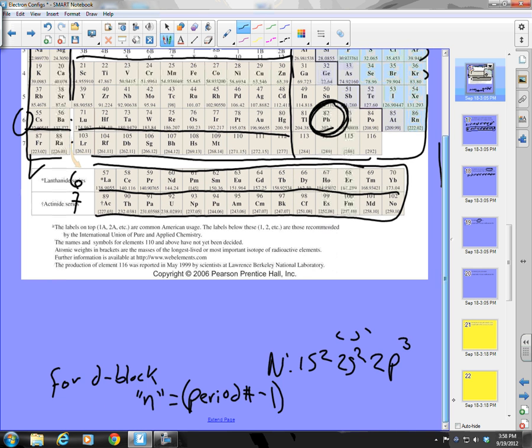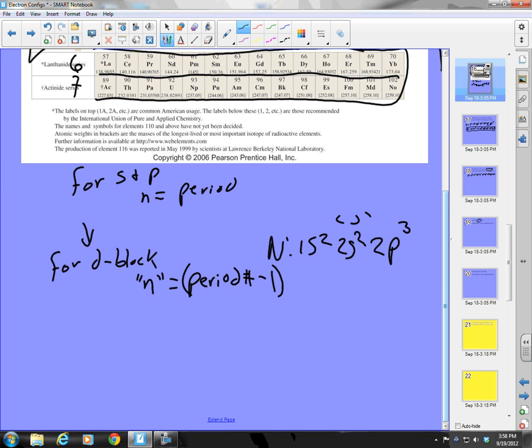Now, we said for S and P blocks, N equals period. For the D block, we said N equals period minus 1. Well, what do you think it's going to be for the F block? For the F block, N equals period number minus 2.